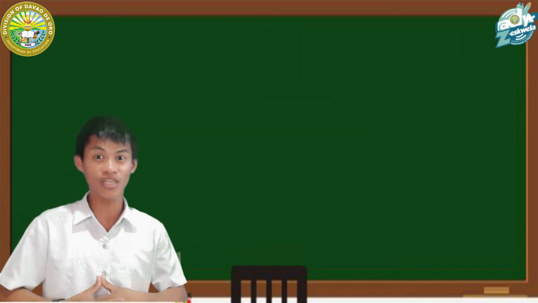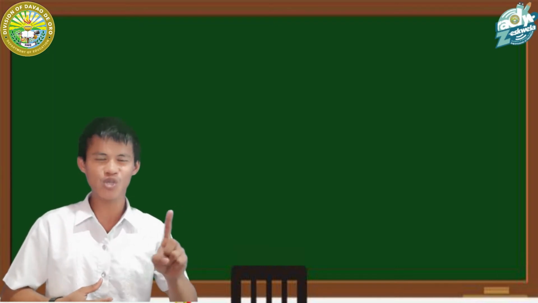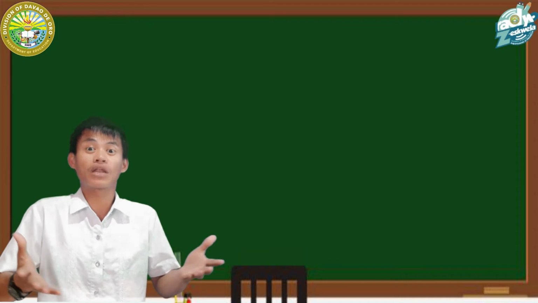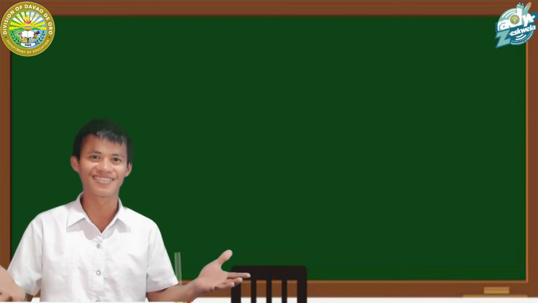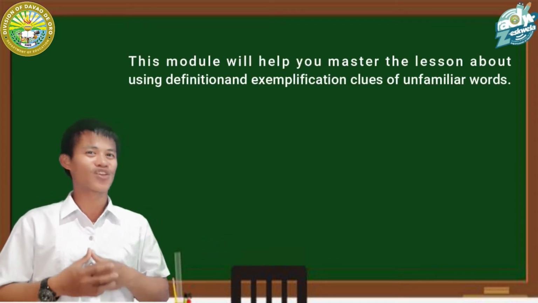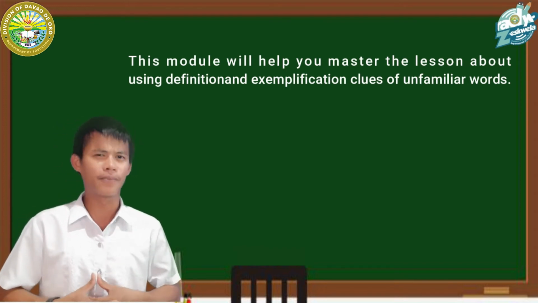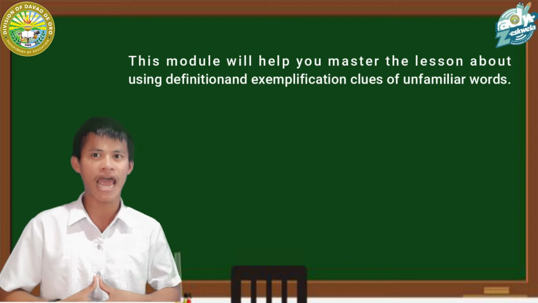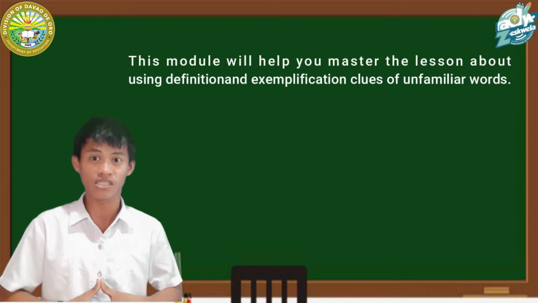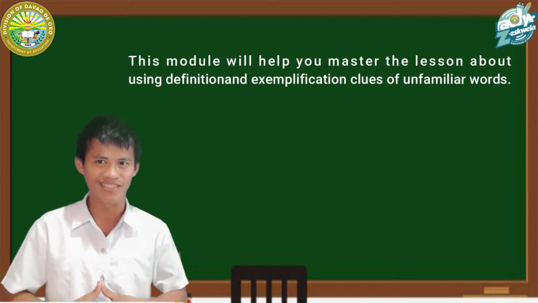Did you get all the correct answers? If not, don't worry. We still have plenty of quests to conquer. This module will help you master the lesson about using definition and exemplification clues of unfamiliar words.